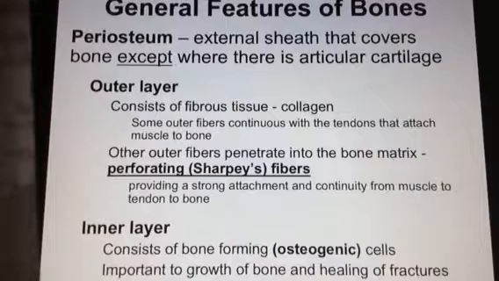They help form that strong attachment from muscle to tendon to bone. And then there's an inner layer of the periosteum, which has these bone-forming cells called osteogenic cells. Not only are you going to see the prefix os, but osteo quite a bit. Those cells are important for the growth of bone and also for the healing of fractures.